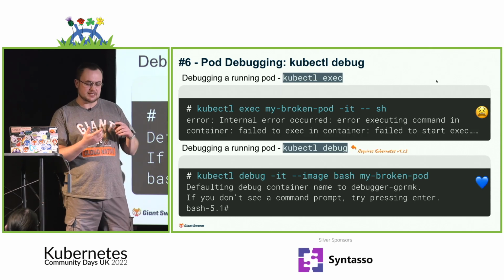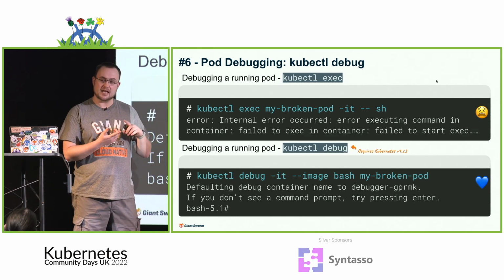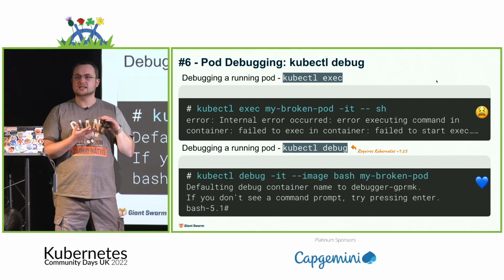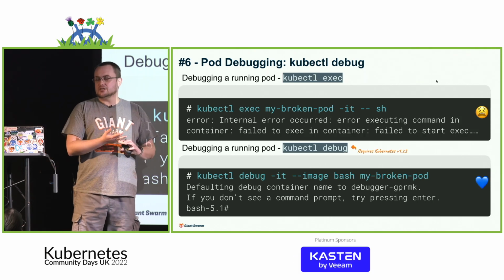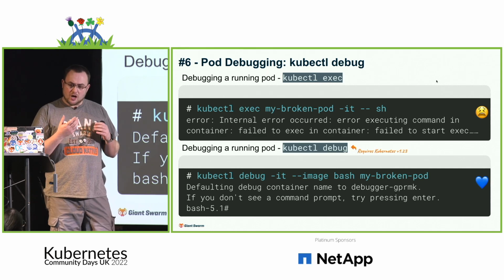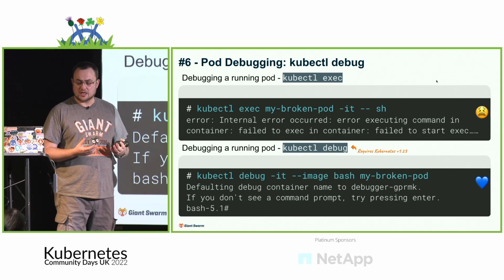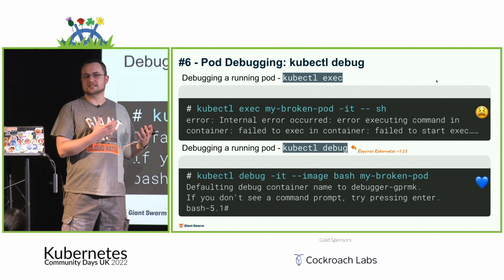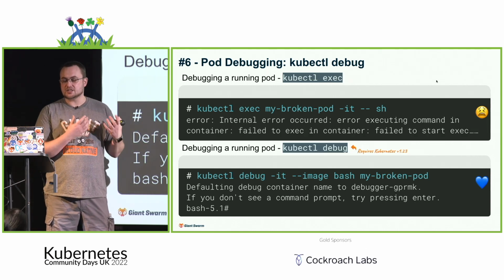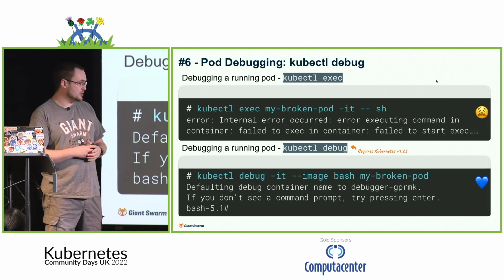So it will be running in the same context as your pod. Things like network policies, DNS lookup, the environment variables that are available and things like that, you'll be able to have access to those, and you can then do some debugging regarding why potentially this container of yours is crashing in that pod.